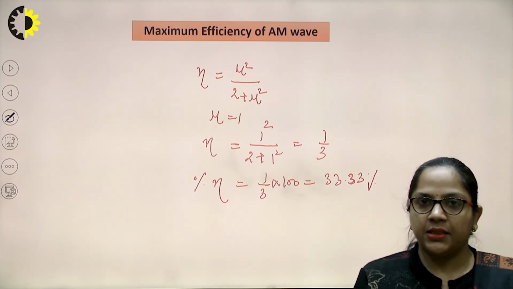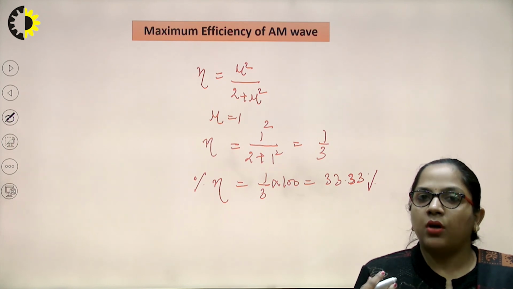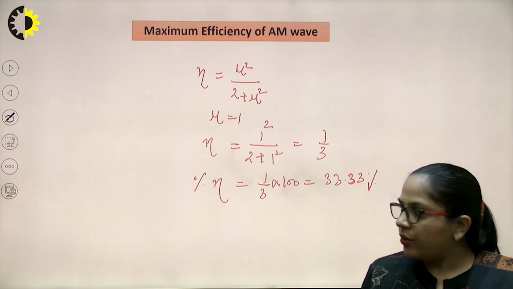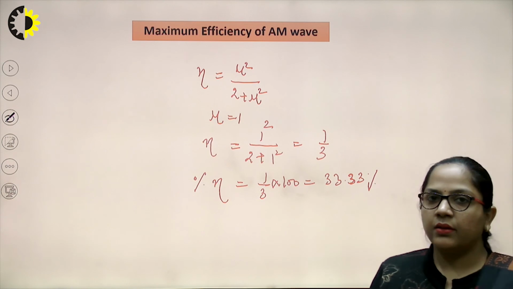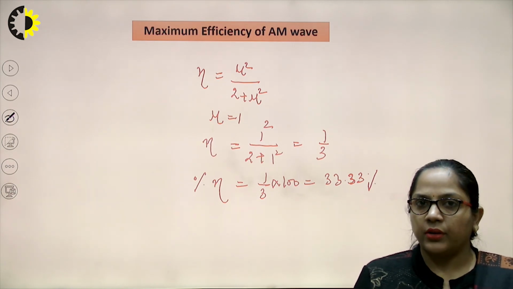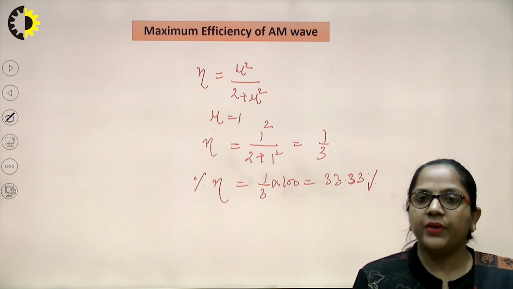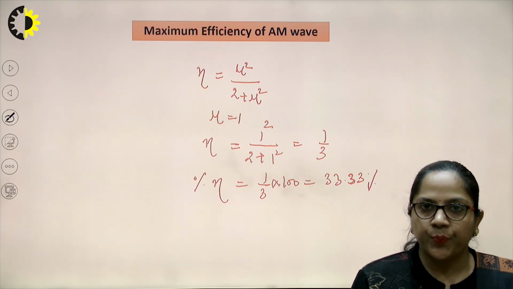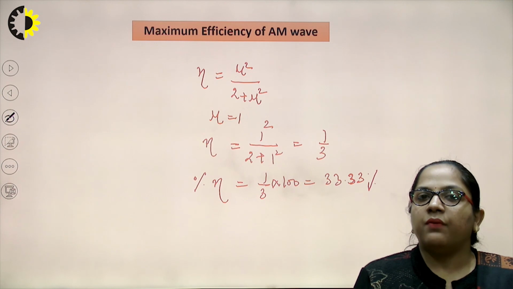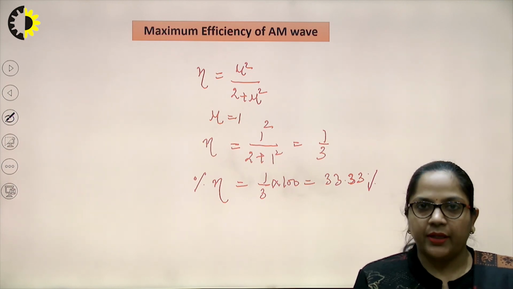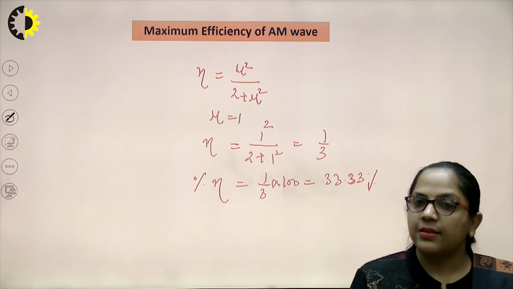This indicates that 2/3 of the power is wasted and only 1/3 of the total power is used for the transmission of the message signal, because we have to send the carrier also, and the carrier does not have any useful information about the message signal.